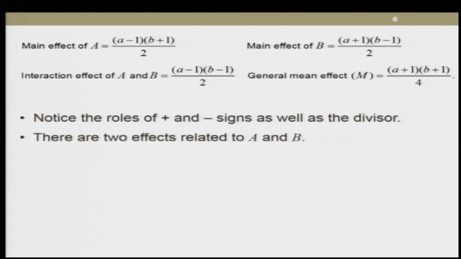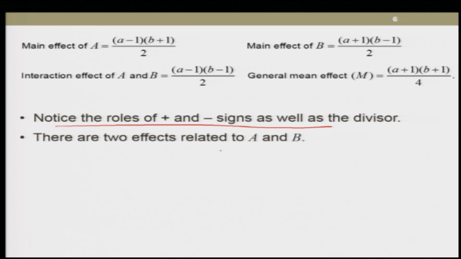I have given these things here in more detail for your understanding. I am trying to write down the same thing, and you have to just notice the positive and negative signs as well as the divisor.